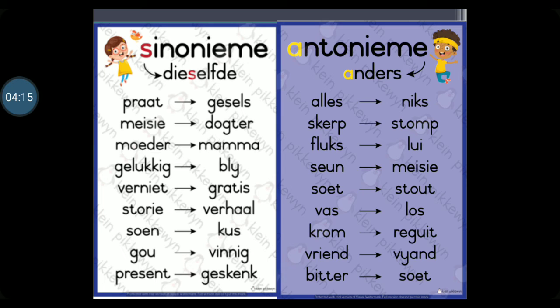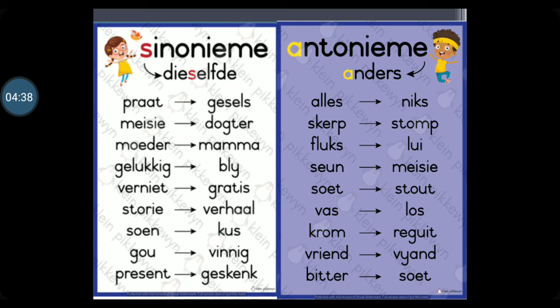Let's look at the examples. One is praat. Another word for praat, which is talk, is gesels. Meisie, dogter, moeder, mama. Gelukkig, bly. Verniet, gratis. Storie, verhaal. Soen, kus. Gou, vinnig. Present, geskenk.